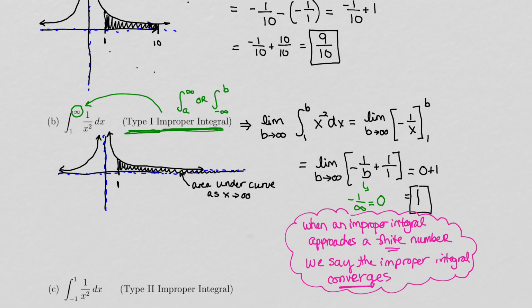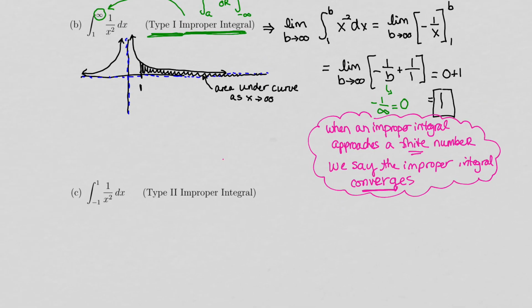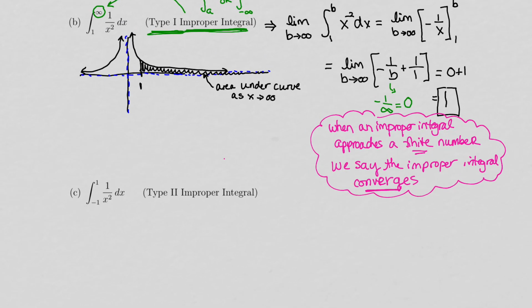All right, so let's take a look at the next integral, c, which I say is also improper, but it's a hidden improper. The reason I say it's a hidden improper is because there's no infinity that sticks out at you.